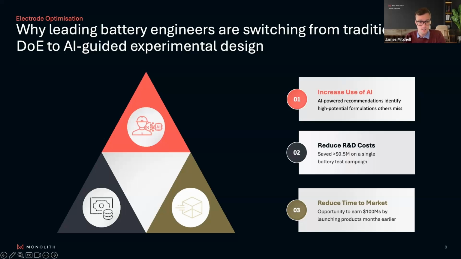But it's a really interesting study because it's focusing on optimizing LFP chemistries, and LFP chemistries are really gaining a lot of attention from the market at the moment because of their lower cost, which is driving their uptake in the lower end of the automotive market and also in the energy storage space.